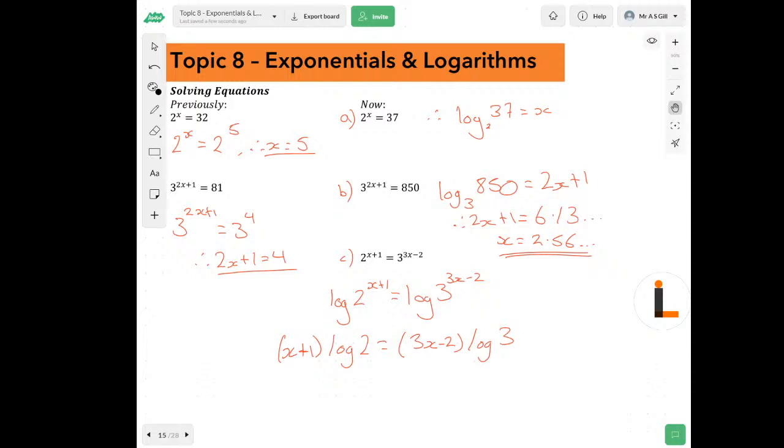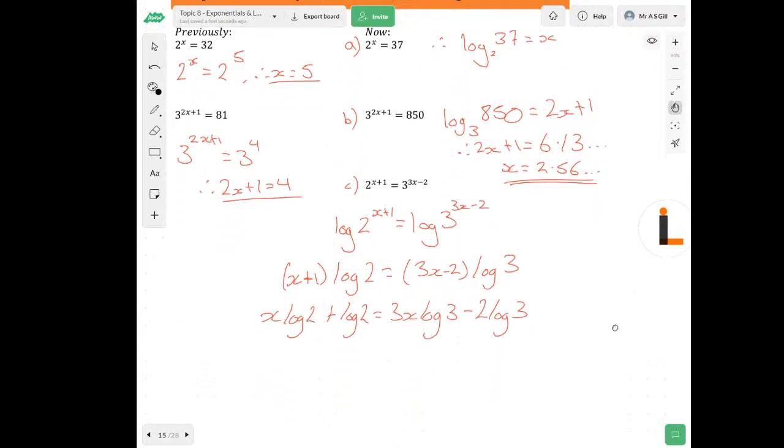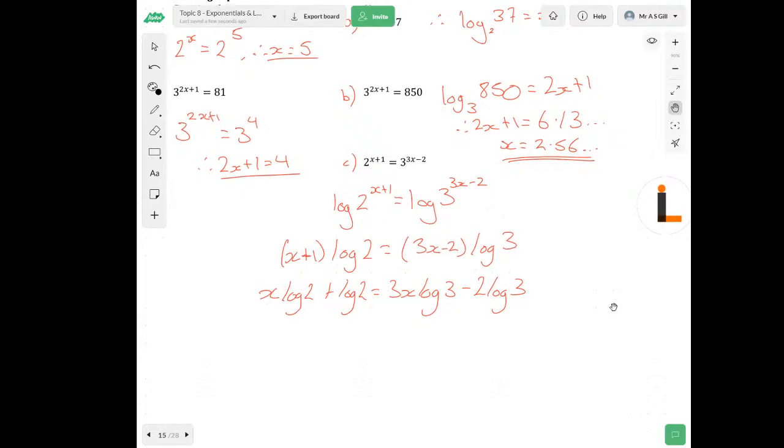And then from here, we now need to isolate x and get x by itself. So let's expand these brackets. Remember, log 2 and 2 log 3, they're just numbers. These are just numbers.